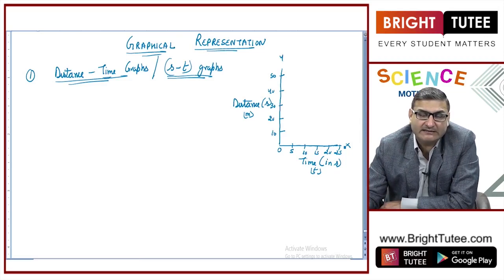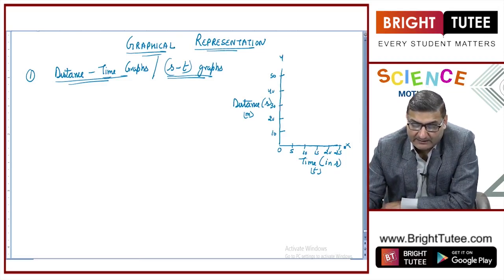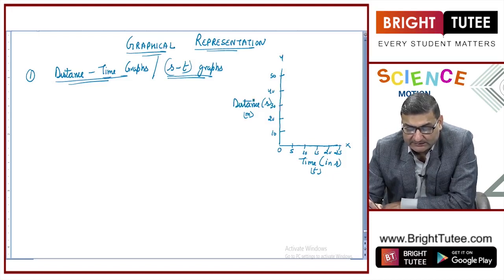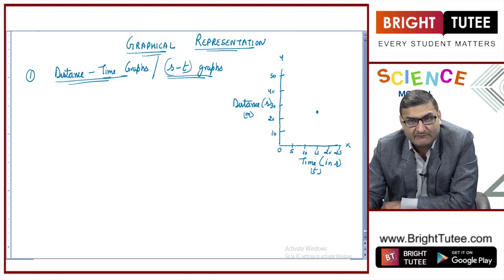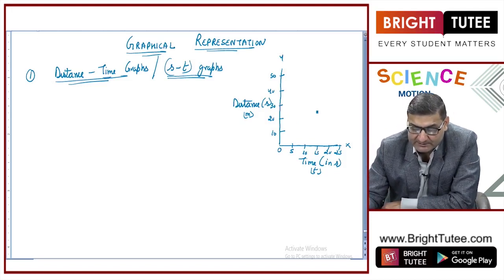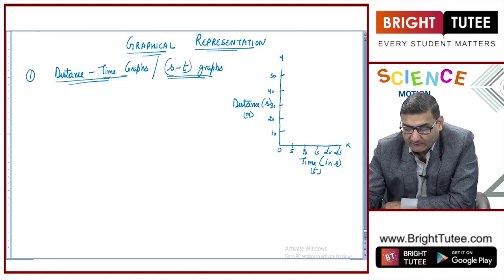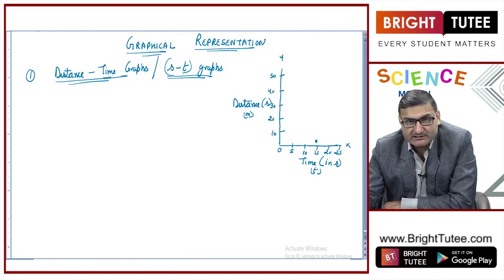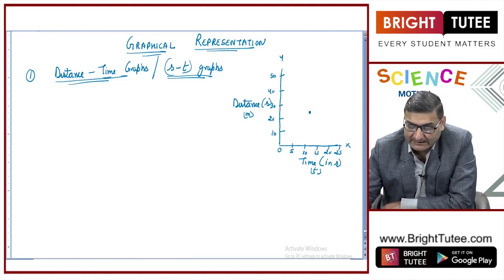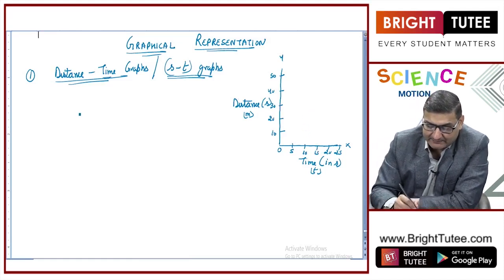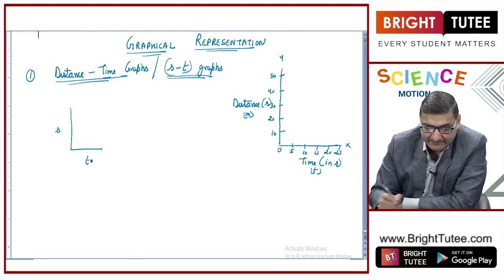There are a few things which you need to remember. Fine. When we plot a distance time graph, in that case we get a few options. What are the various options? First thing is, along with time, if there is a uniformity in the motion of a particular object, then in that case, in this distance time graph, let us see here again, this is y axis distance, this is time.